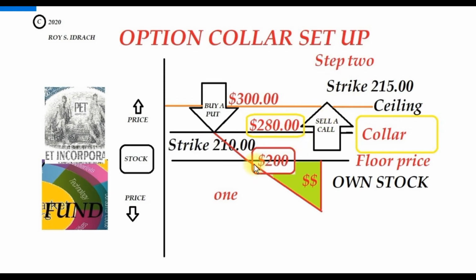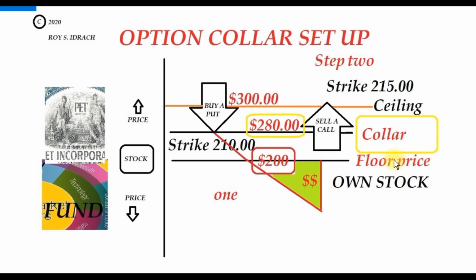But if the stock goes below that, your option, now for $20, is making money to make up the loss of the stock. So you're going to be ahead of the game, because this option is going to keep going up in value. You only have $20 invested in it, and it's making up any losses on the stock, or very close to it. So you got double insurance in here.